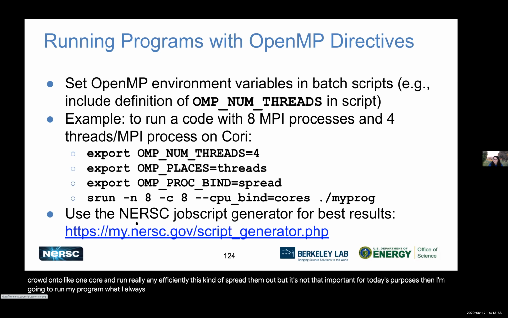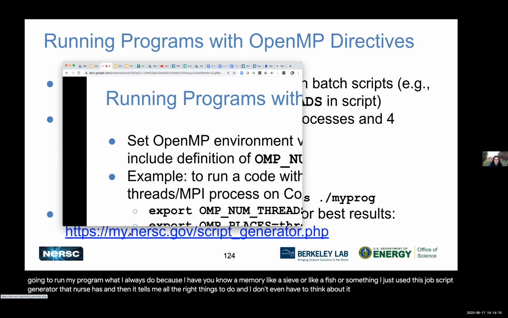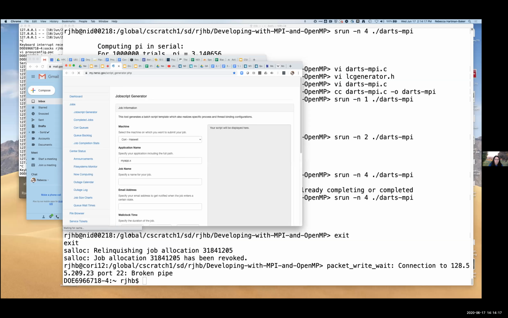What I always do, because I have a memory like a sieve or like a fish or something, is just use this JavaScript generator that NERSC has. And then it tells me all the right things to do, and I don't even have to think about it. Let's see, I think I can show it to you. Yeah, here it is.